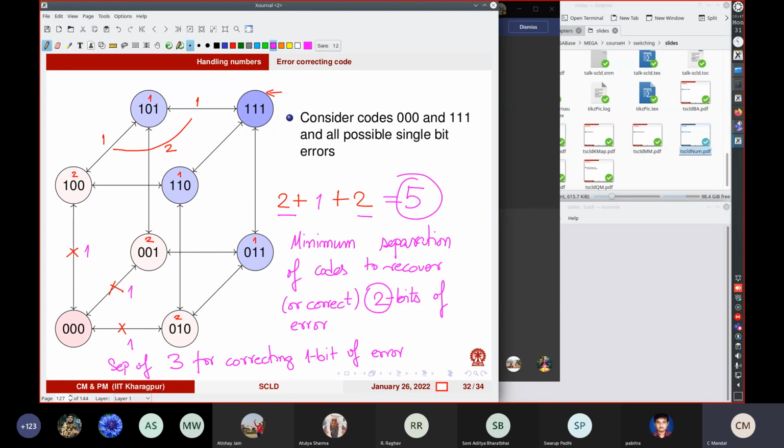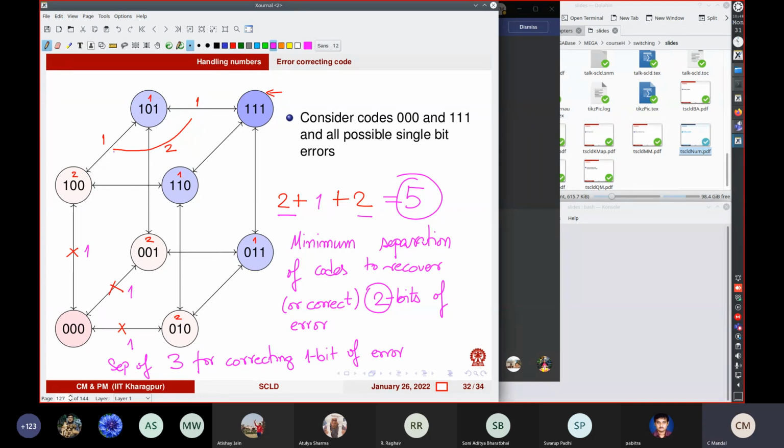All I wanted to show is that you have a distance of 2 coming here, and you need a separation of 1 to any other code coming from some other valid code.